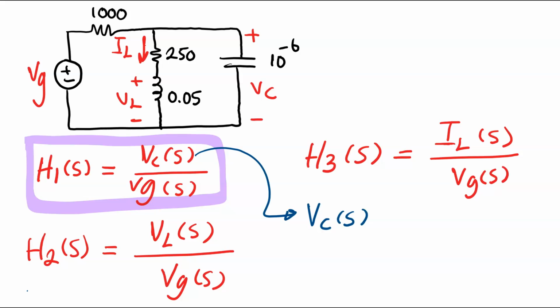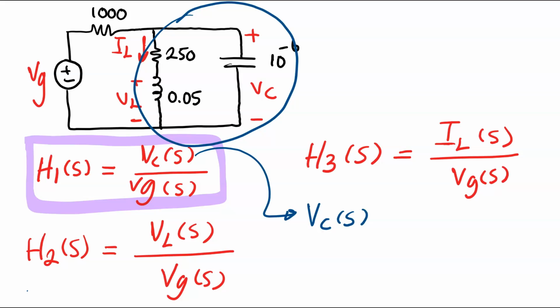In order to describe VC of S, the first thing I need is the equivalent impedance between these two branches, because the voltage is still the same for their equivalent. And then if I have the equivalent, I'll be able to describe my current.